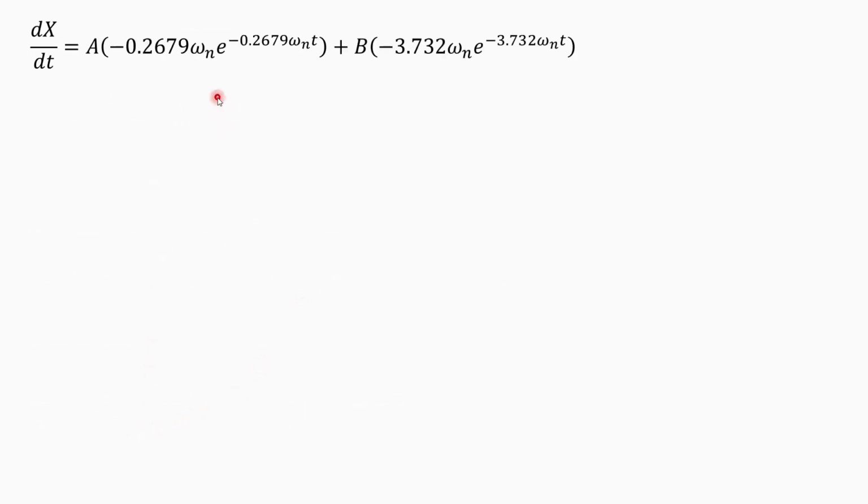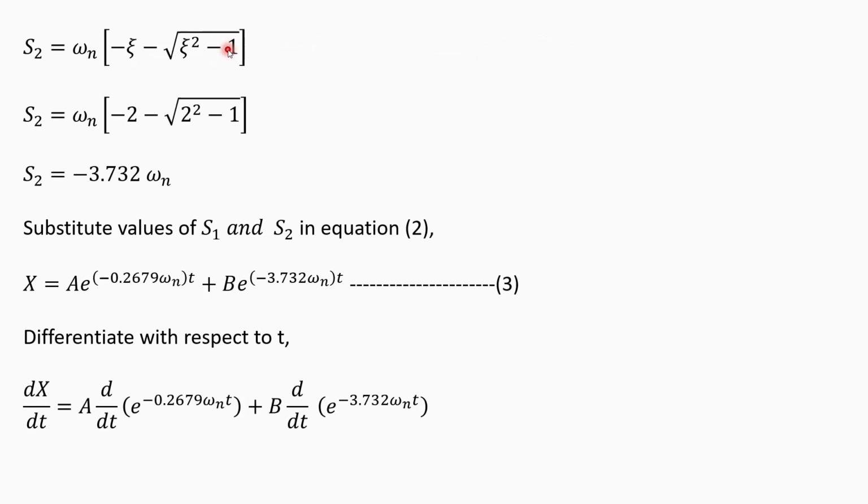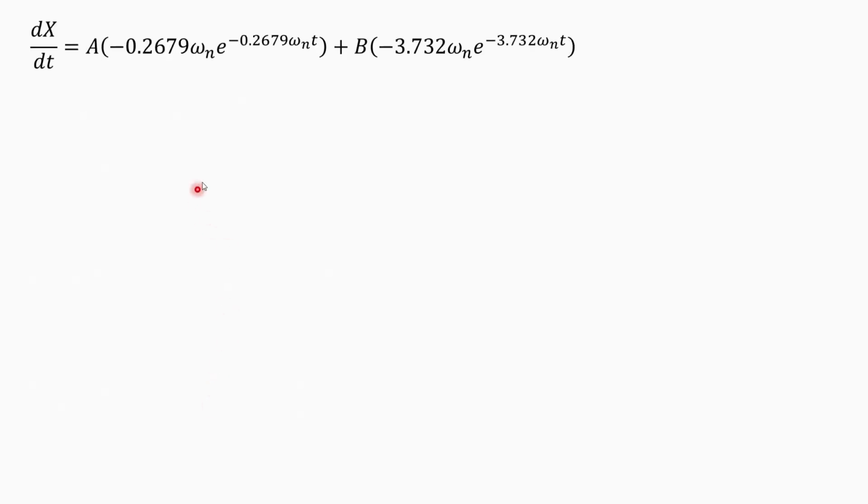The derivative of e raised to x is e raised to x, but by the chain rule we also have to multiply by the derivative of the exponent, that is minus 0.2679 multiplied by omega n. So that we have written over here.